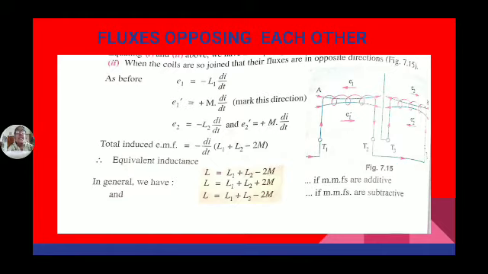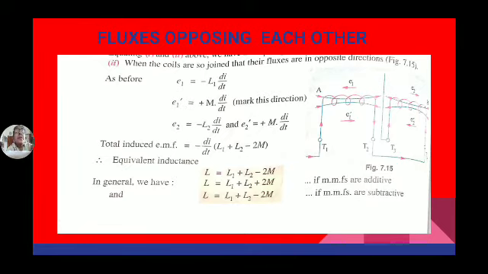Now E1 is equal to minus L1 di by dt. That is the self-induced EMF in coil 1. But flux is developed in coil 2 also, and that flux links with coil 1. Because of that flux, EMF is induced in coil 1.